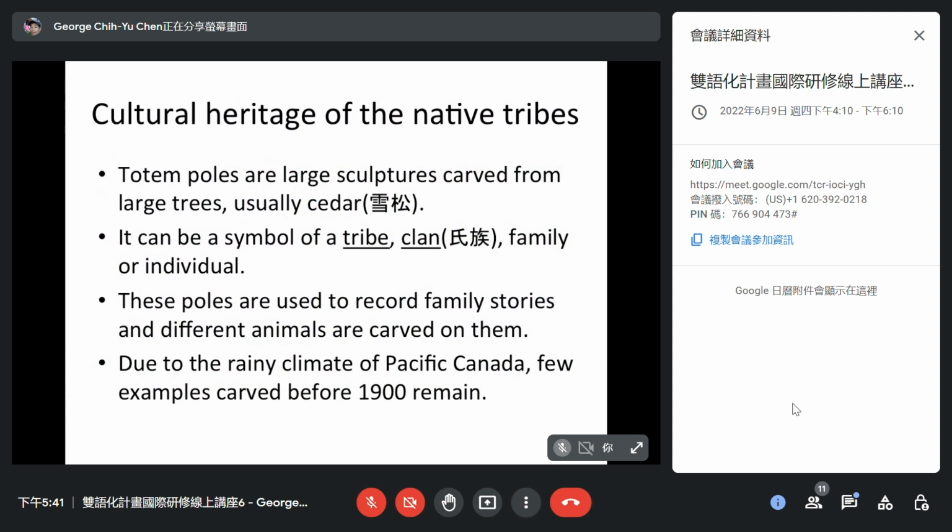The biggest city in Pacific Canada is Vancouver. It rains a lot, and because the poles are made of wood, they rot very easily. So it's very hard to keep these totem poles, and that's why not many examples before 1900 are available to see.